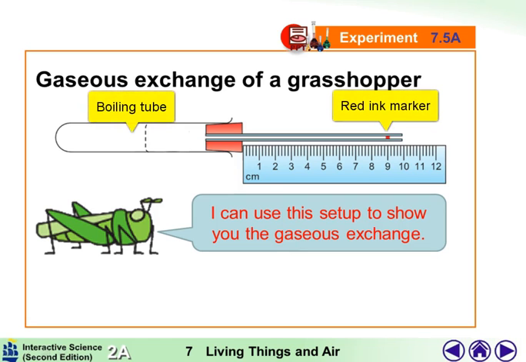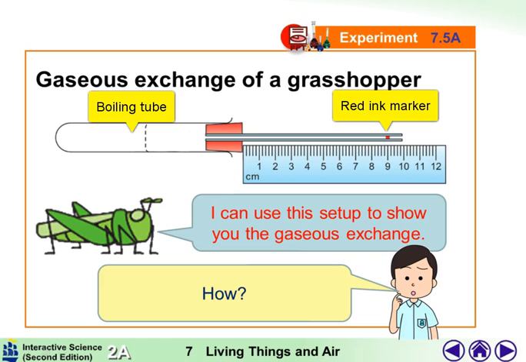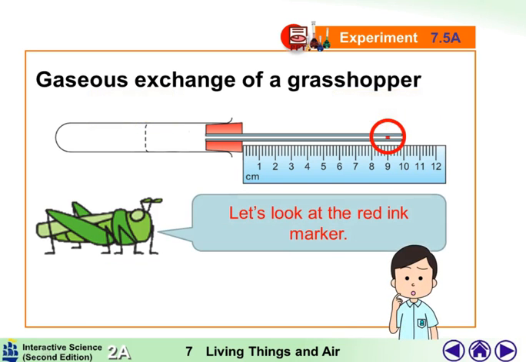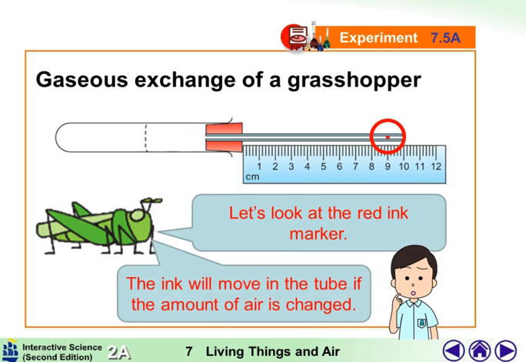You can see the boiling tube, and there is a red ink here. Let's look at the red ink marker. The ink will move in the tube if the amount of air is changed.